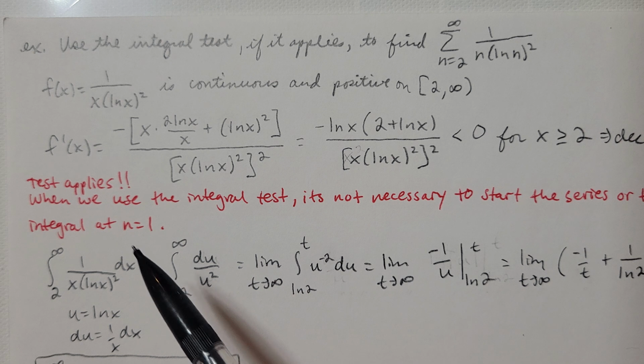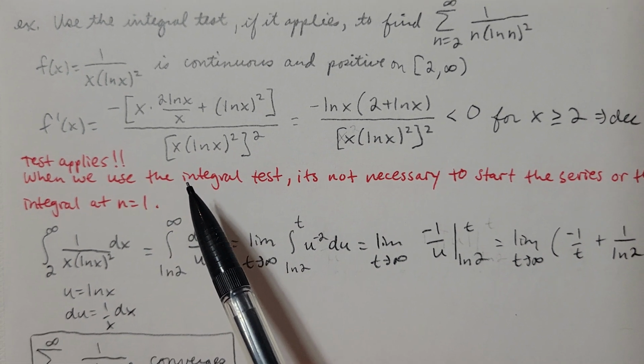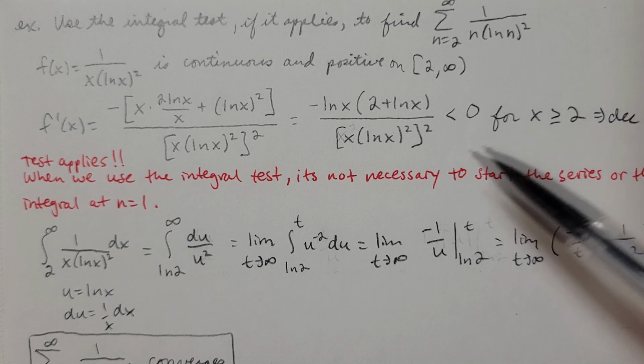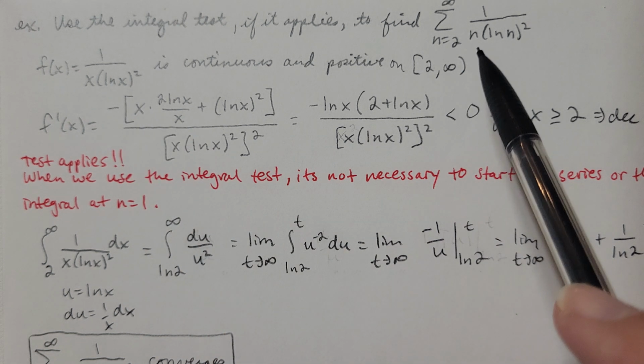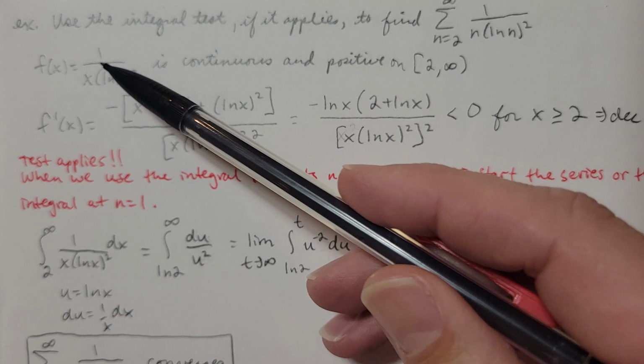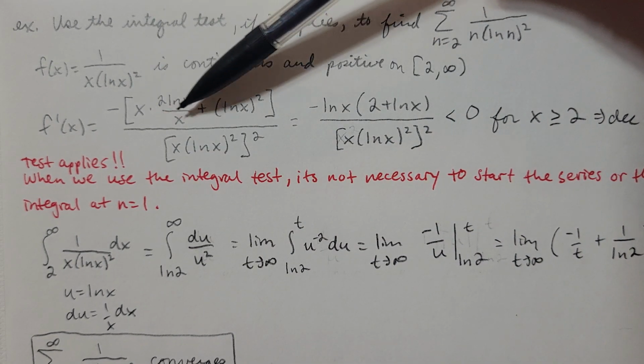Okay, I'm going to use the increasing and decreasing test, going back to Calc 1 here. If f of x is 1 over x times the ln of x squared, then the derivative is the bottom times the derivative of the top, which is 0, minus the top times the derivative of the bottom.